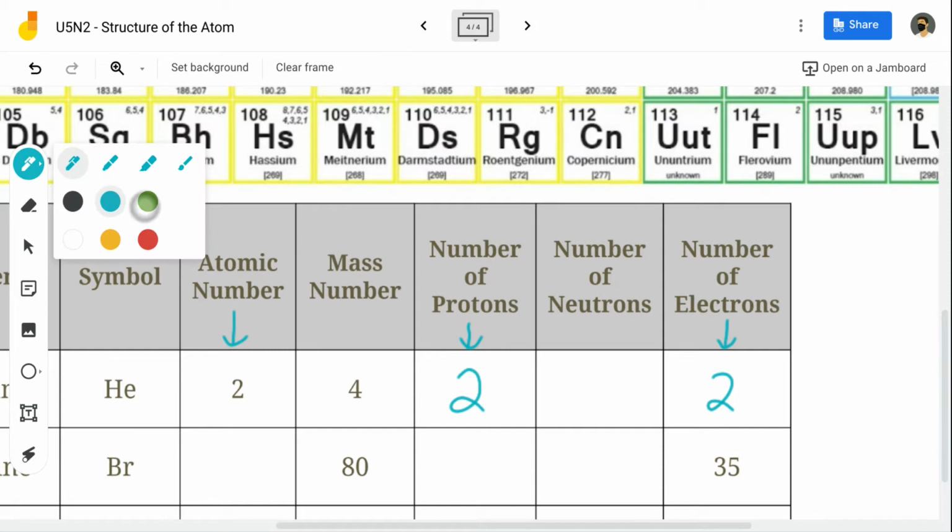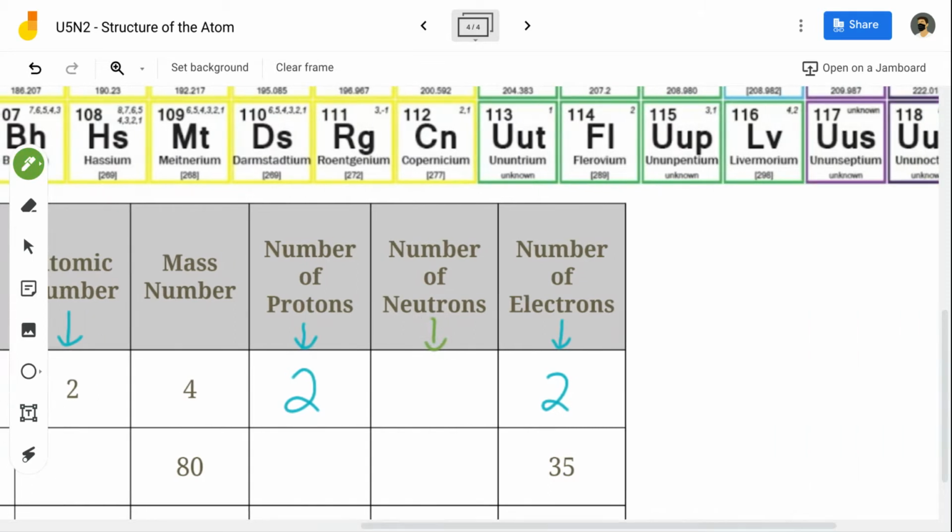Then for the number of neutrons here in the middle, we're going to have to take the mass number, which we found at the top was 4, and then subtract the number of protons to find out how many neutrons are there. So in this case, there are 2 neutrons, but that is not the same as this 2. It's coincidentally equal.